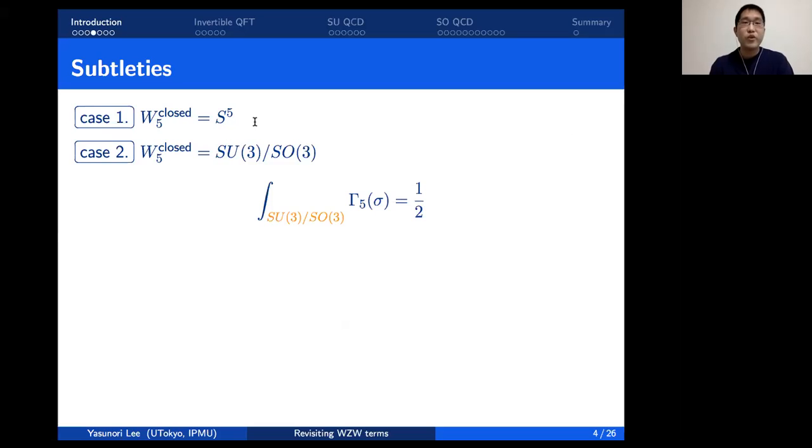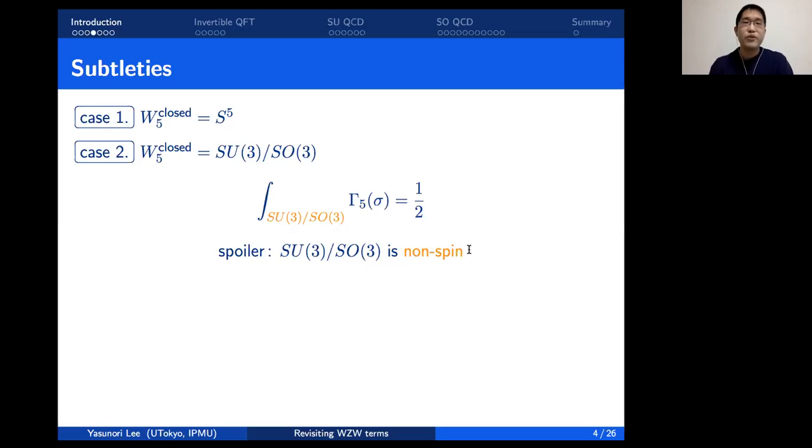So one notable difference between these two manifolds, S5 and SU(3)/SO(3), is that while S5 can be equipped with spin structure, SU(3)/SO(3) cannot. So SU(3)/SO(3) is actually a non-spin manifold.